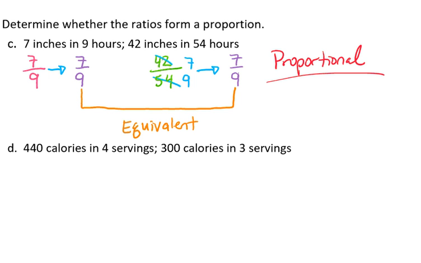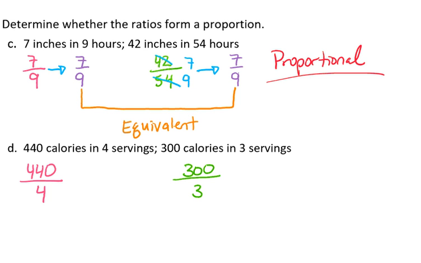So if we write our first portion in fraction form, we would have 440 calories over 4 servings. And for our second ratio, we would have 300 calories in 3 servings.